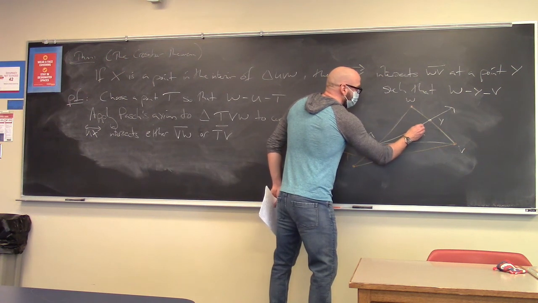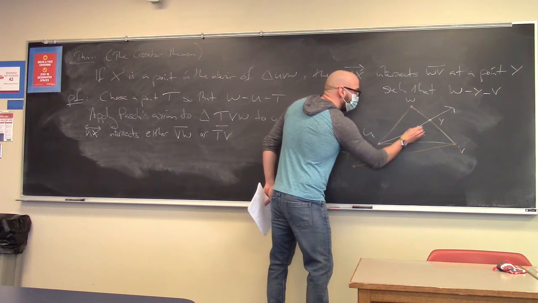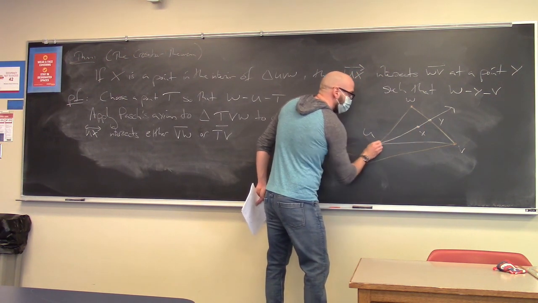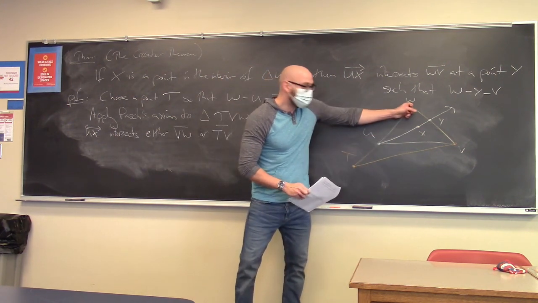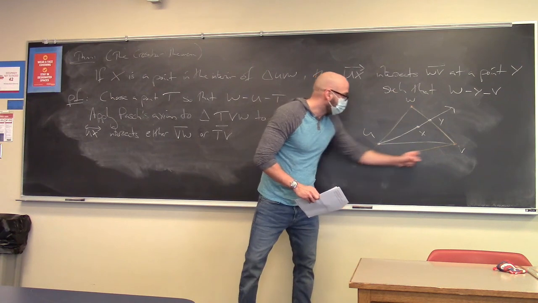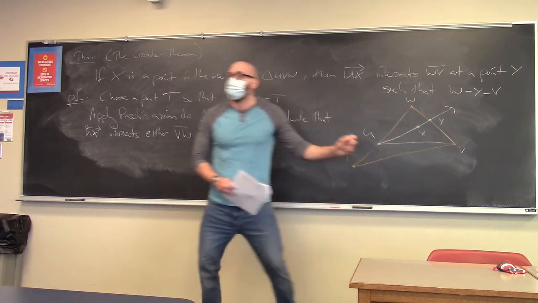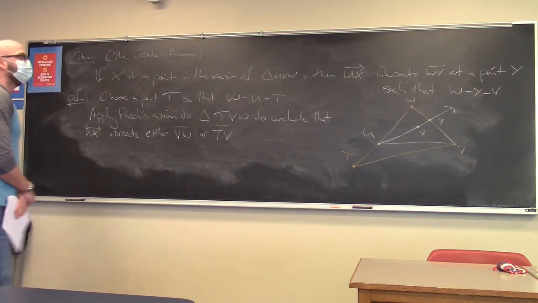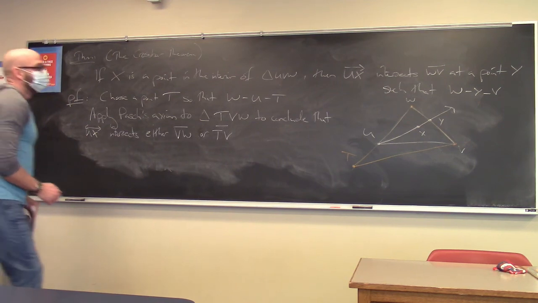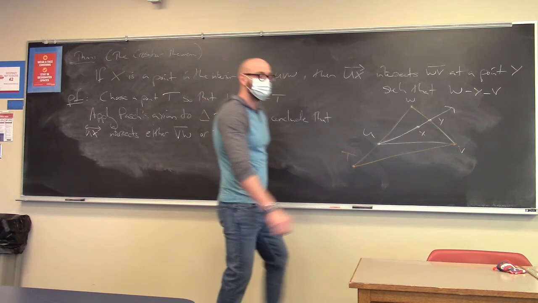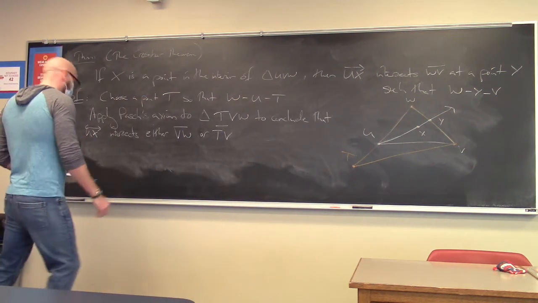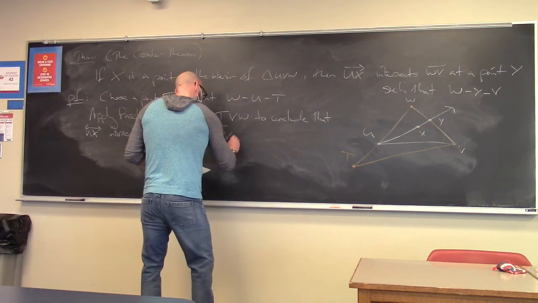All right, so I have this line here. It's cutting through this triangle. So Pasch's axiom says, okay, if my line came through TW, then it must leave either TV or VW, right? Which one is it? Well, I want to prove that it cuts through VW. So once again, the plane separation axiom comes into play.